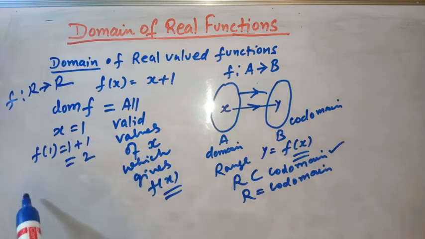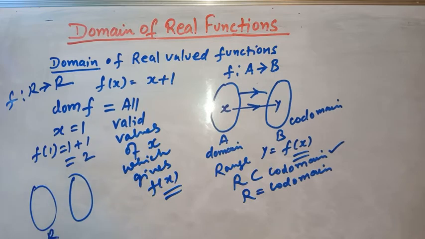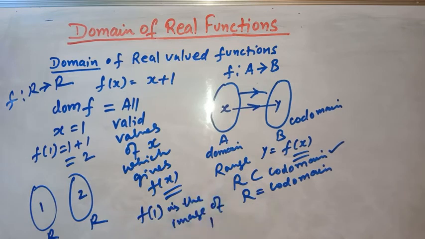Clear? If we write it like this, say this is set A, meaning the set of real numbers R, and this is also the set of real numbers R. Here we have 1, so f(1) is the image of 1.